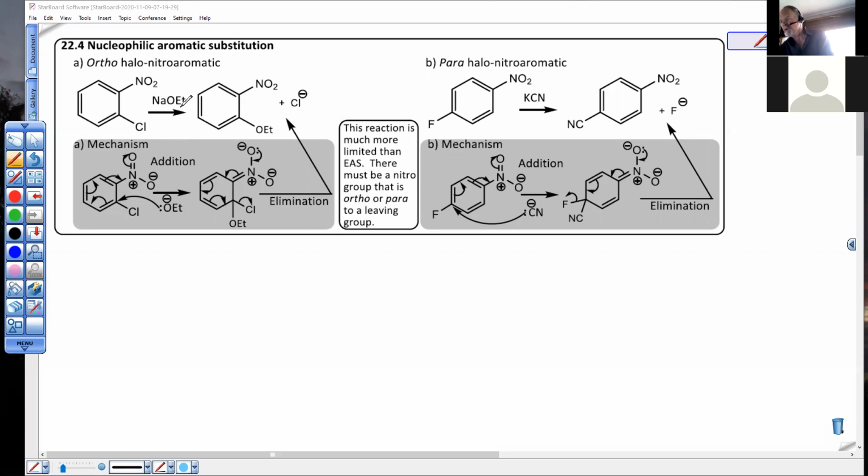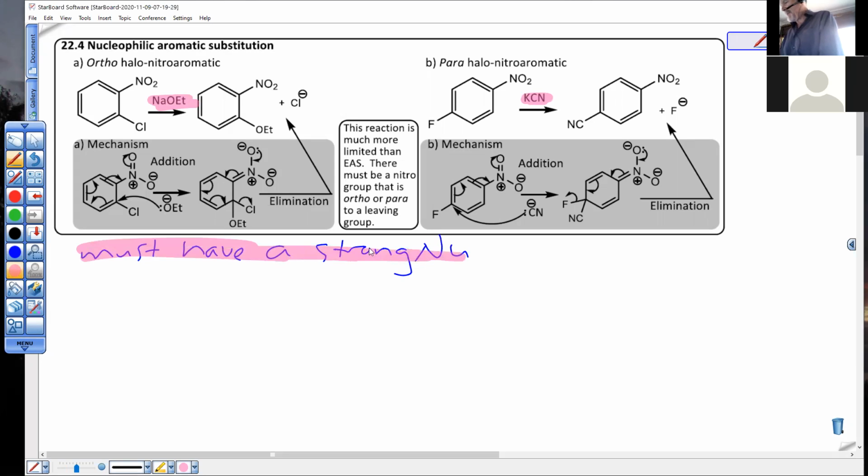Here's a strong nucleophile. You must have a strong nucleophile. So let's highlight that. Must have a strong nucleophile, or else, it's a deal breaker if you don't.